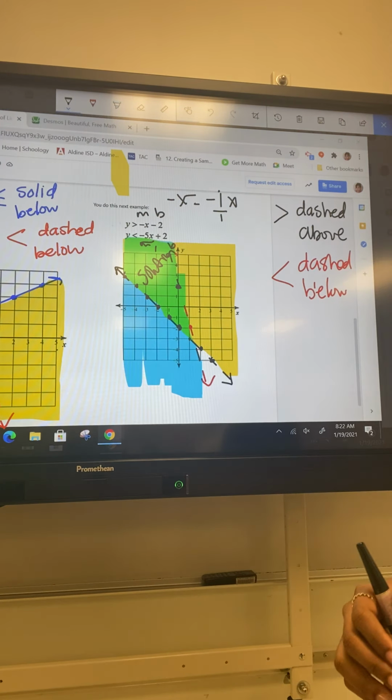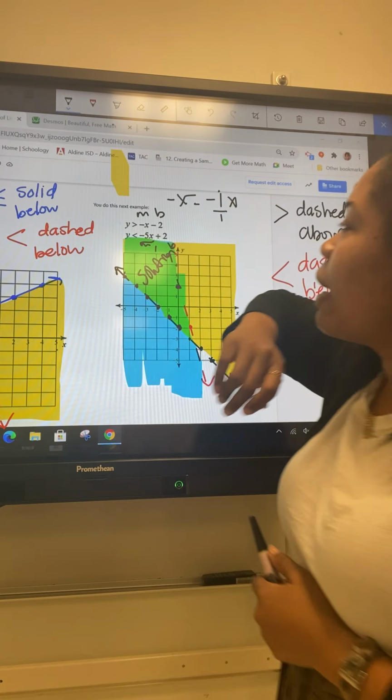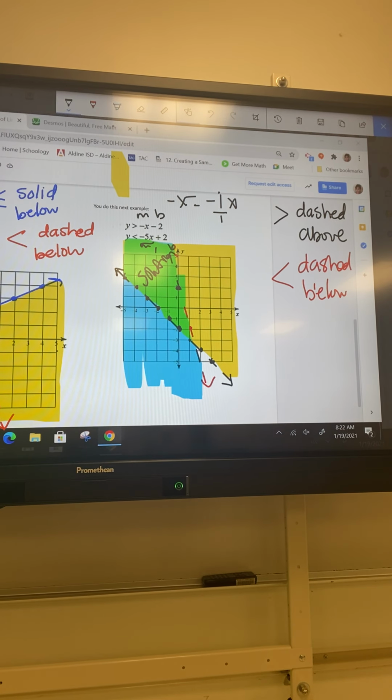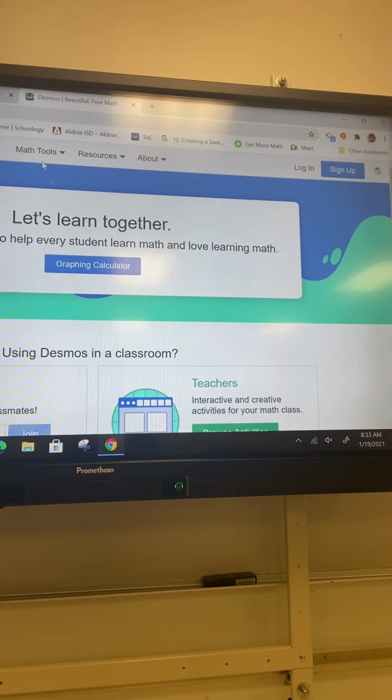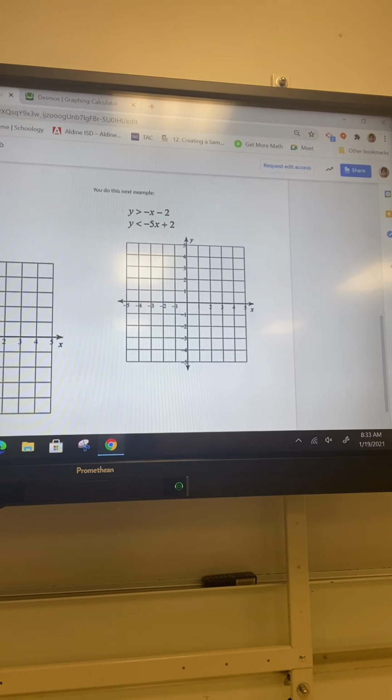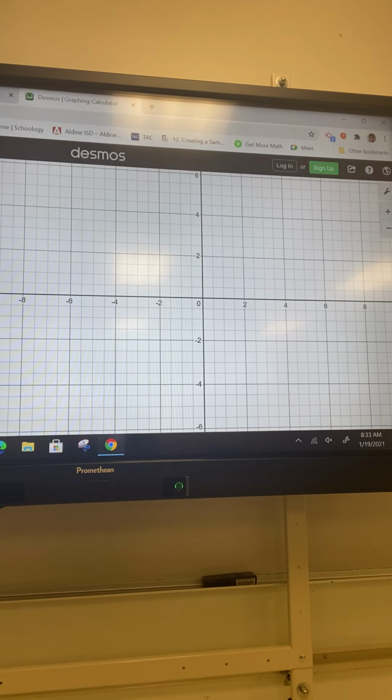Also, one last thing is, as always, you can test these things out in Desmos. Desmos will graph these things for you the same way that we got it here. So I'm going to graph the second one that we just did in Desmos, and you can see that. All right, so we're going to go to Desmos, go to our graphing calculator, and we want y, or we can use the keypad.